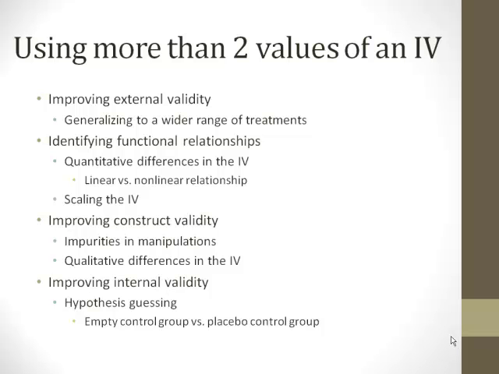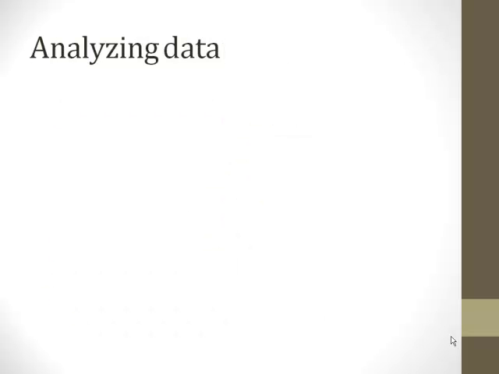If you're not moving people enough in terms of reduction of symptoms, going back to work, whatever it is, then your treatment may not be worthwhile. But again, having more than two values on the IV allows for using both types of control groups, which increases your internal validity.